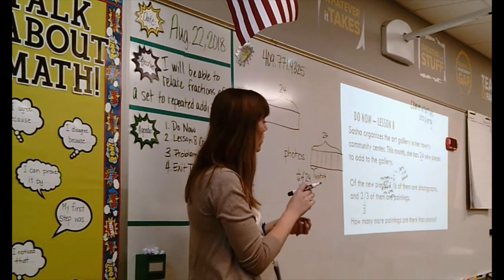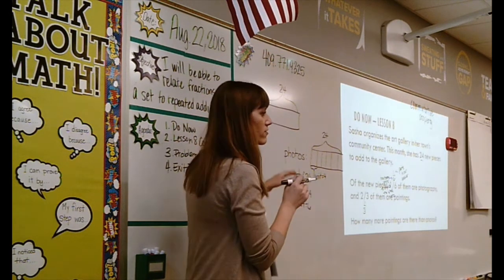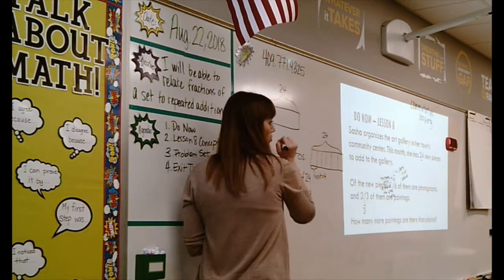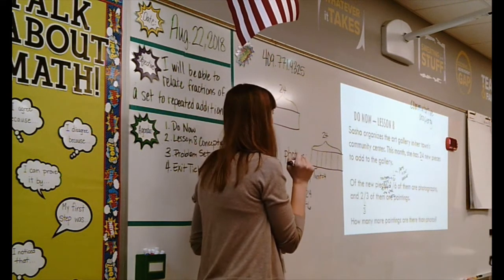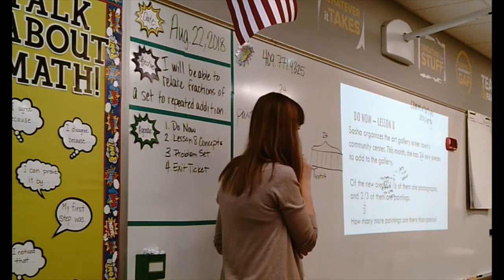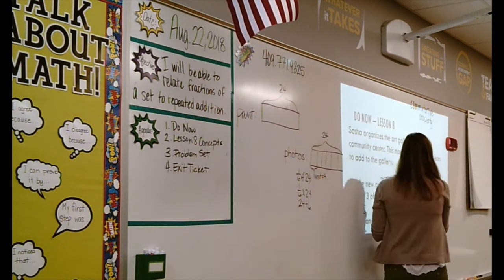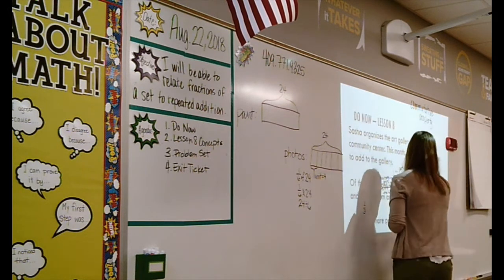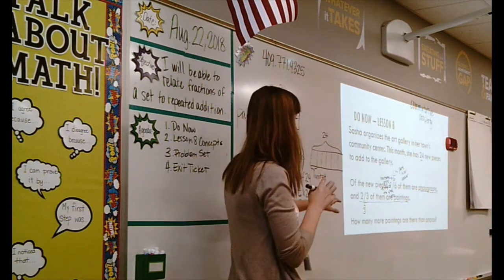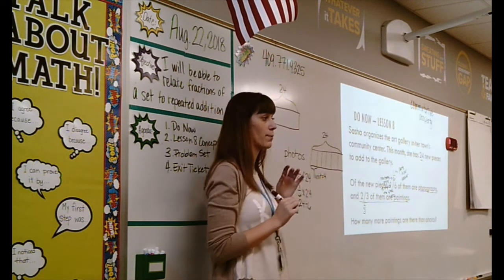Okay, now, how many pieces should I divide my painting diagram into? 6, why? 1/6 of them are photographs. Now we're talking about painting. So, 3, because 2/3 of them are paintings.